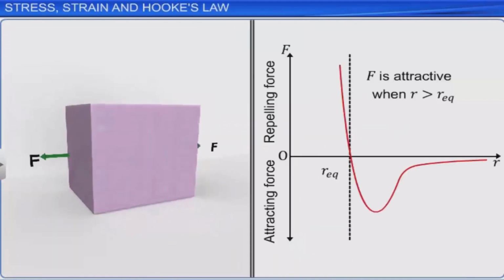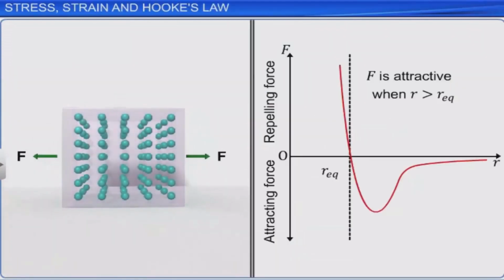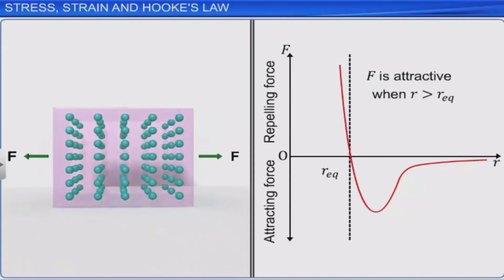Based on the way in which deforming forces act on a body, the length, volume, or shape of a body changes. When a body is deformed, the intermolecular distance of separation changes from its equilibrium value.